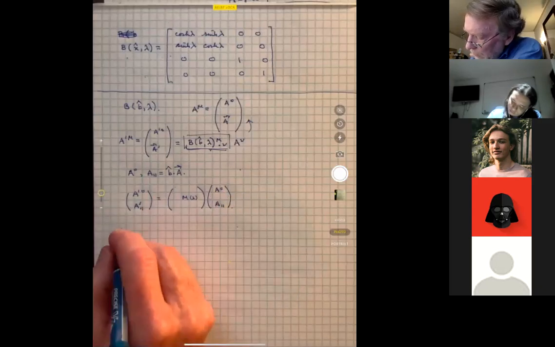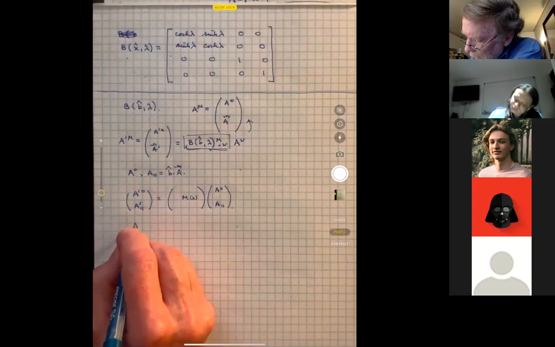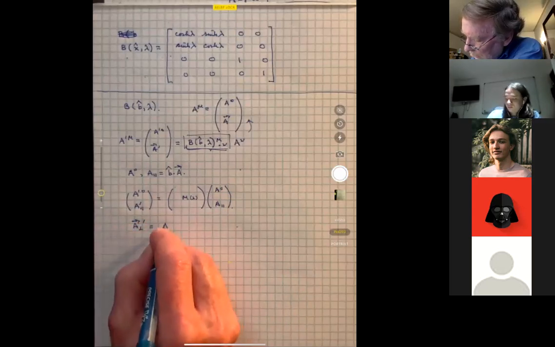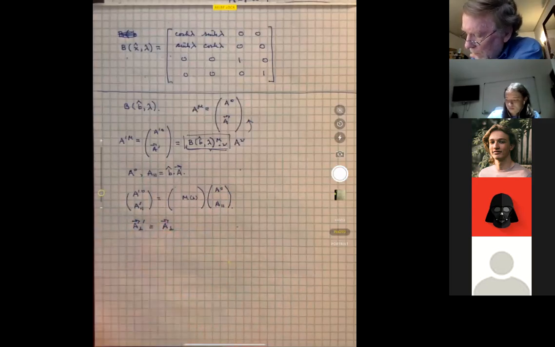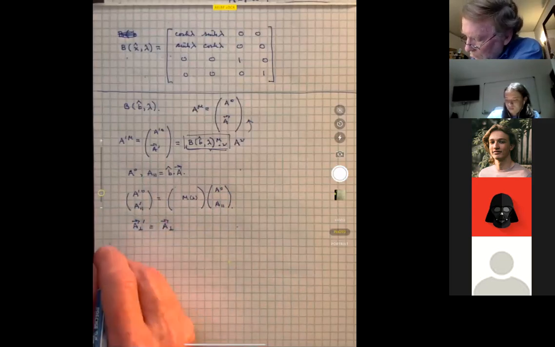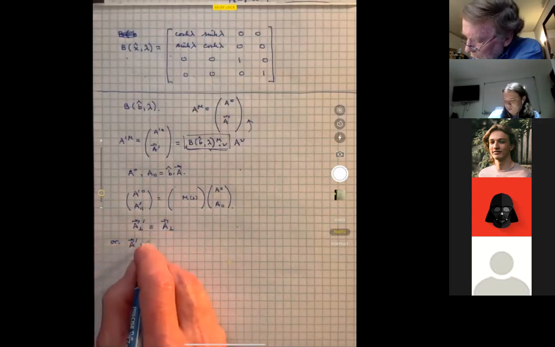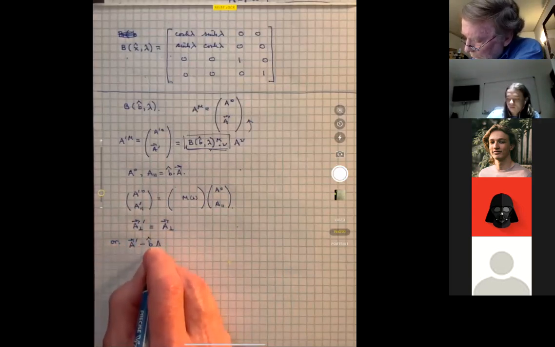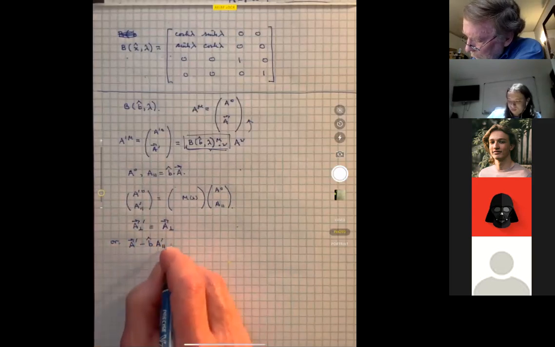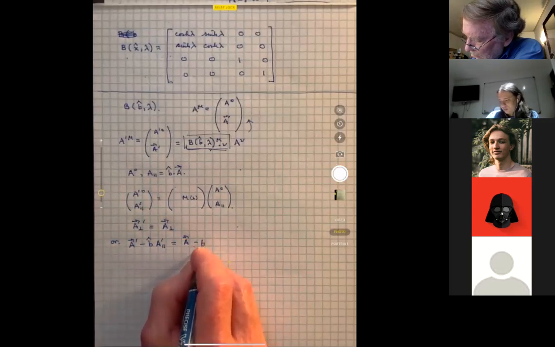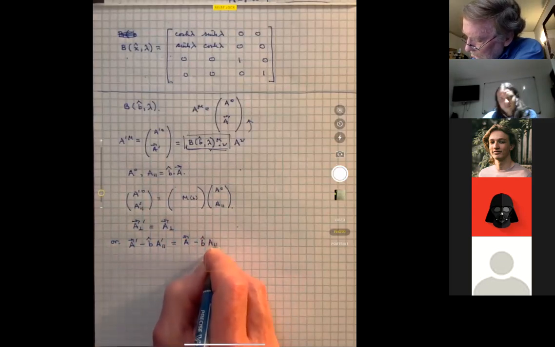As far as the perpendicular parts go, we have a vector perpendicular prime equal to a vector perpendicular without the prime. That part is invariant. Or if we write this out more explicitly, a prime vector minus b hat times a prime parallel is equal to a vector minus b hat times a parallel. All right.